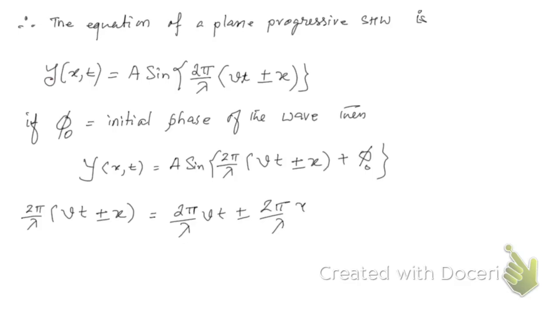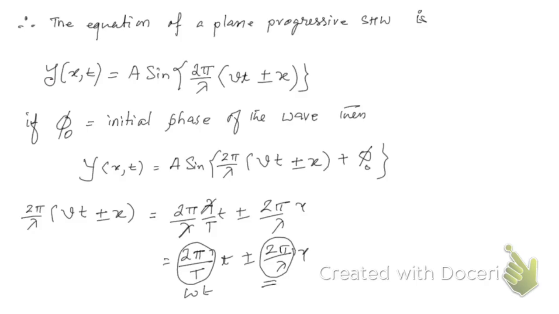Now, as you know, v is equal to lambda by T. So here again this lambda is gone, and the equation will be of this form: 2 pi by T into small t plus minus 2 pi by lambda x. We consider 2 pi by lambda equal to k, that is the propagation constant. This term is called the propagation constant, and this is nothing but omega t, right?